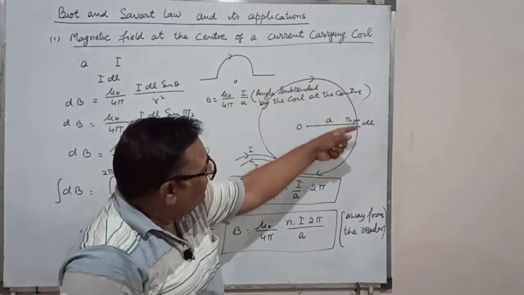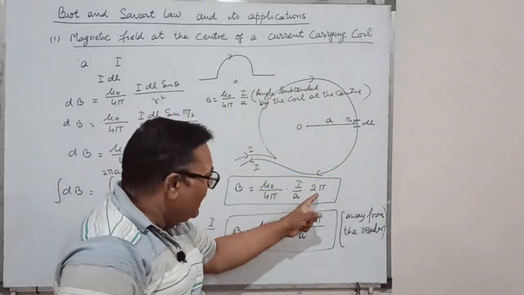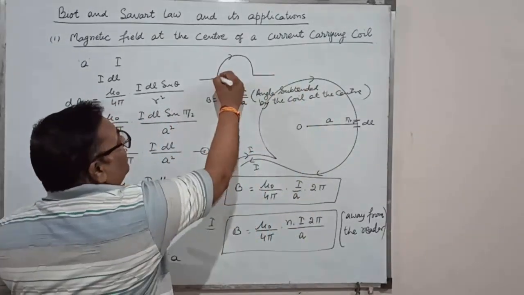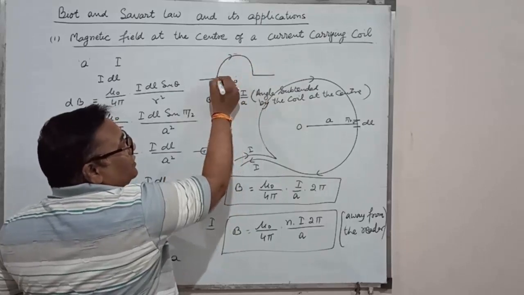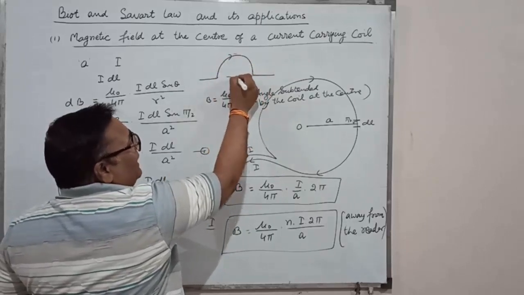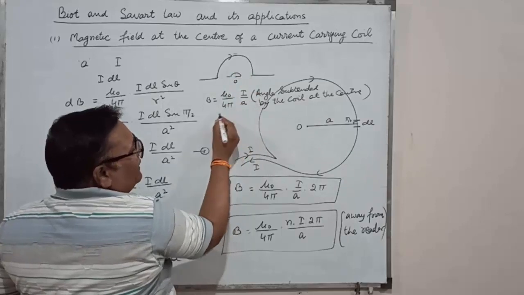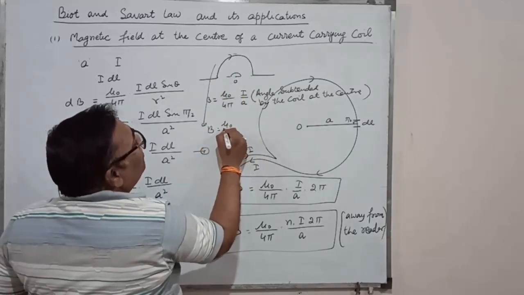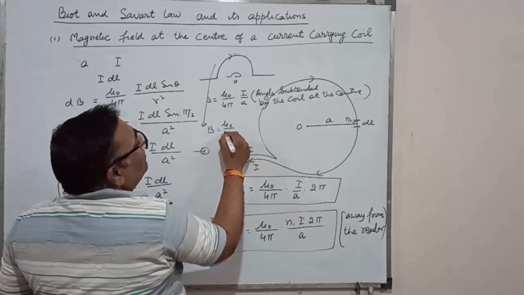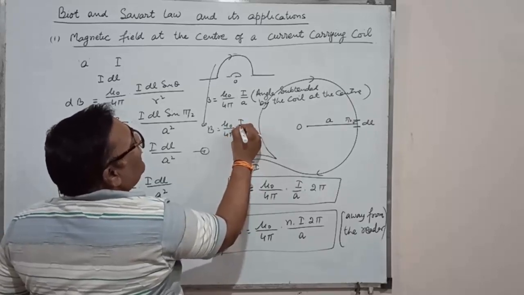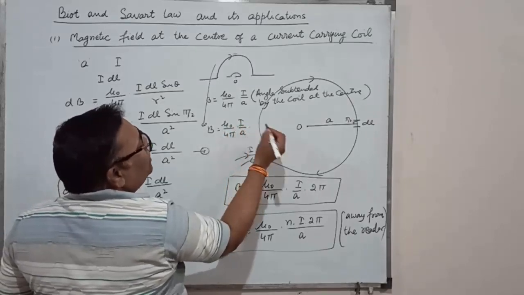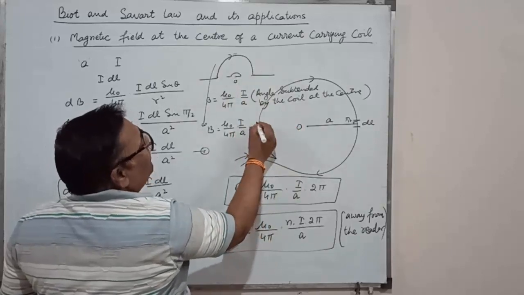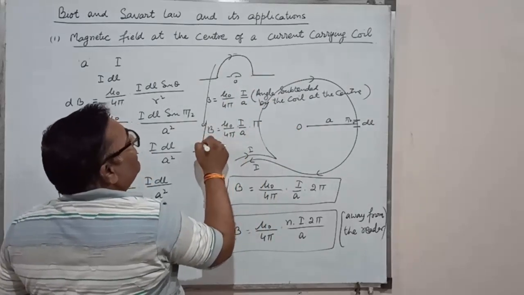If the coil is complete, then the angle is 2 pi. If the coil is a semicircle, this angle is 180 degrees, then the expression is B is equal to mu 0 upon 4 pi I upon A into angle; 2 pi की जगह pi आएगा.